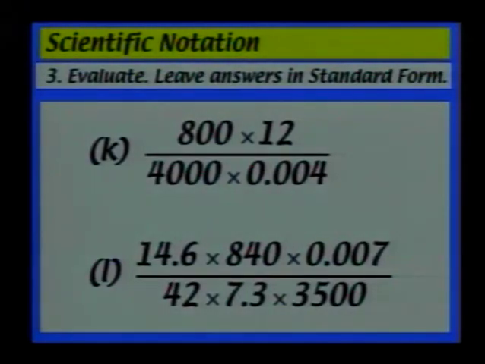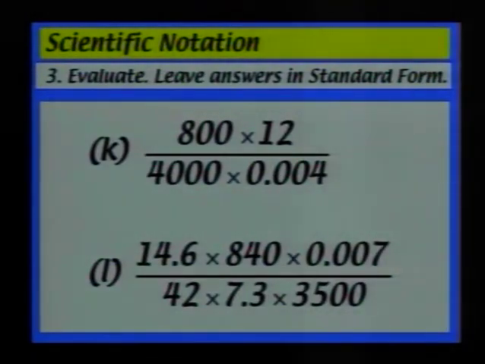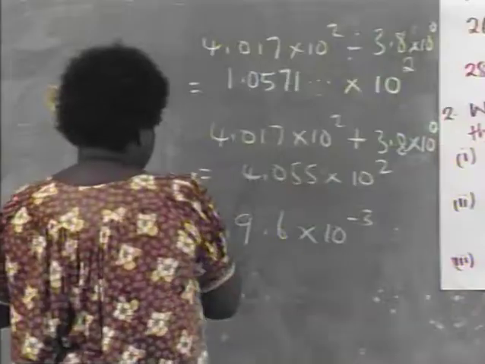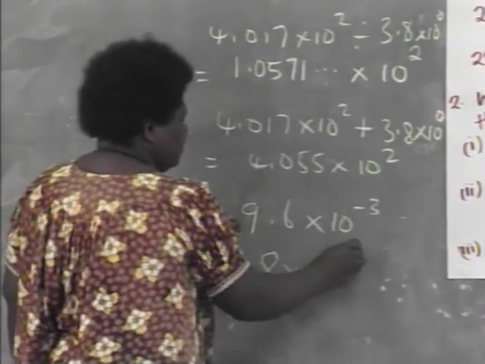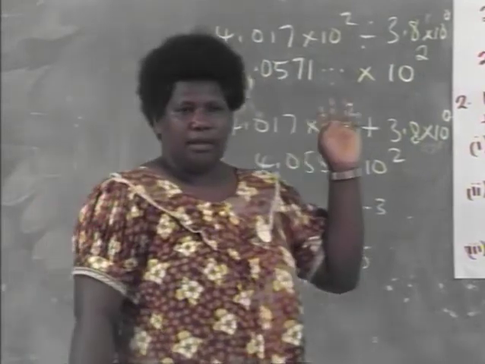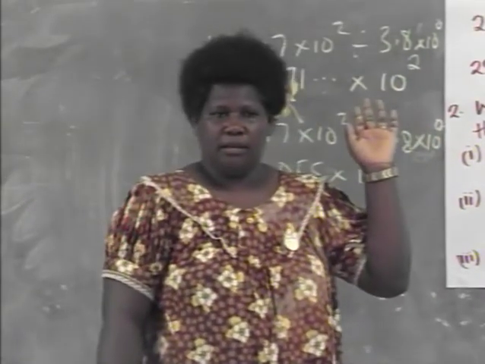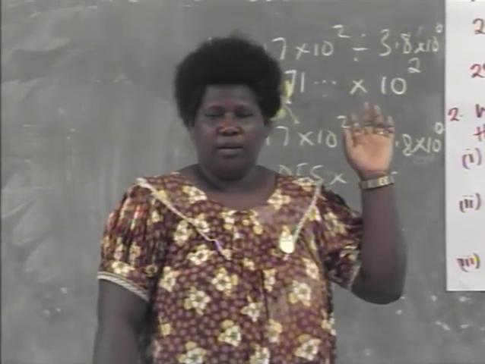Anyone else with a different answer? What's yours? This is for letter L. 8 times 10 to the power of negative 5. Any other answers? Okay, which one is correct?